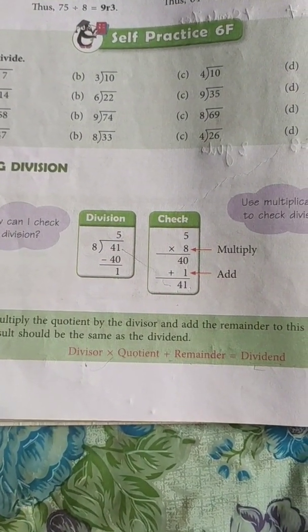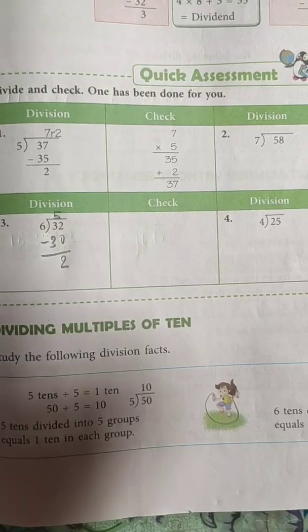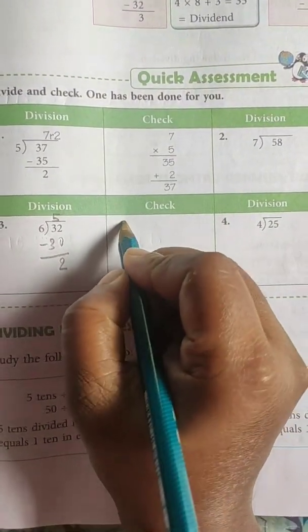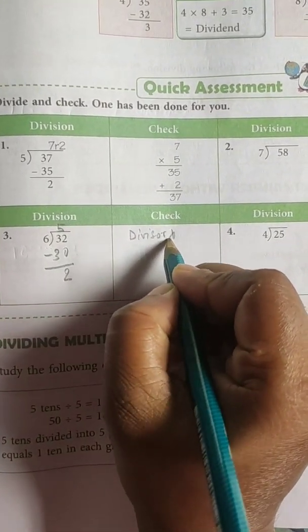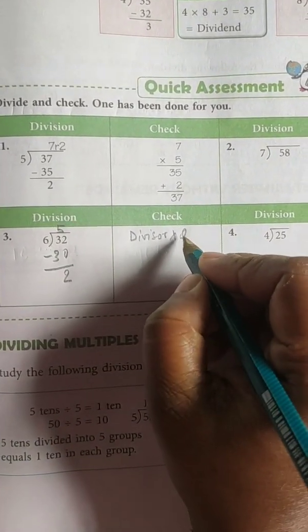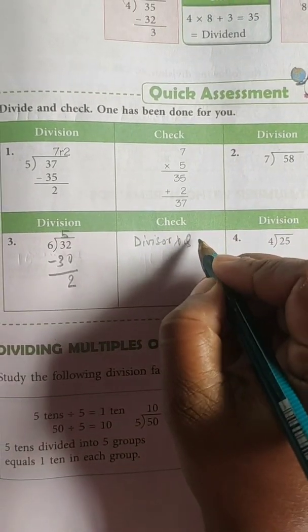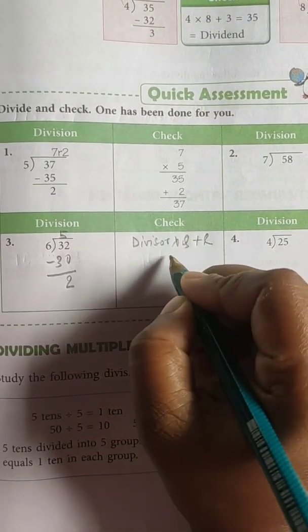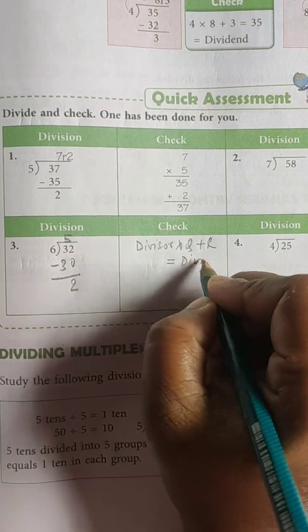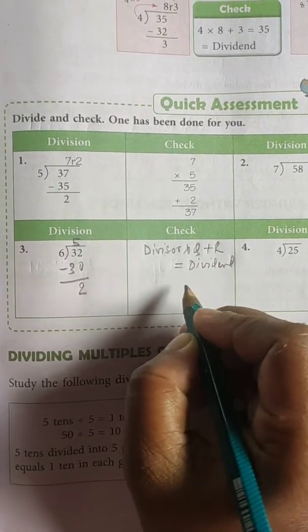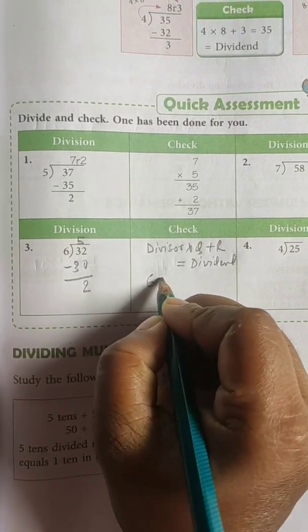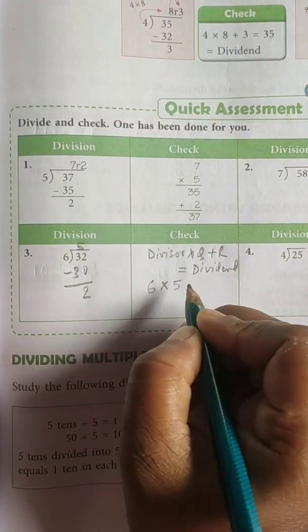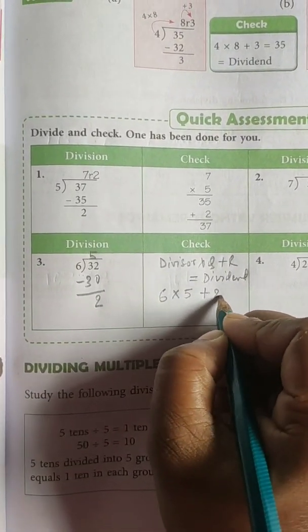So let's solve our problem. So what is the formula? The formula is divisor into quotient. I will write Q for quotient, plus R for remainder equals what? Dividend. So let's put in the formula. Divisor is how much? 6. 6 multiplied by 5 plus 2.